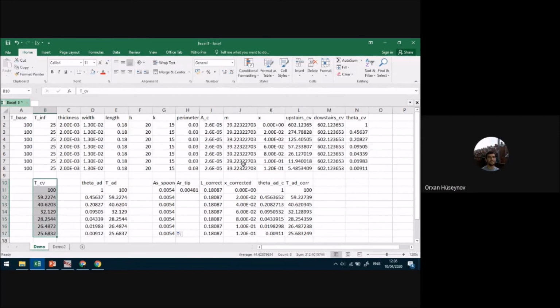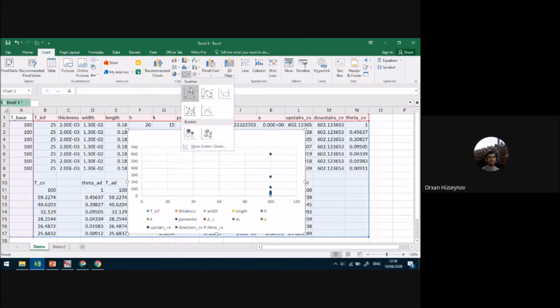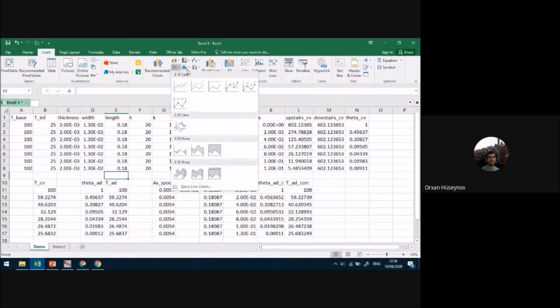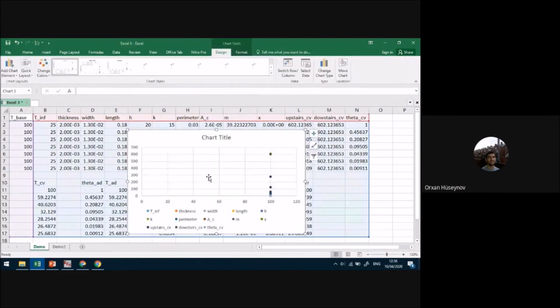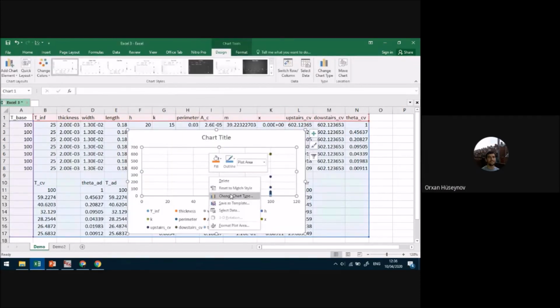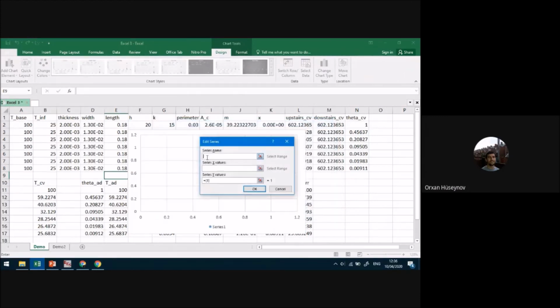If I plot it, to see how the values change and what the errors are, we will insert a chart here, then scatter. I will use this one. This one is better. I will use the scatter, and I will erase all of the data. Okay, so I will add the first data.